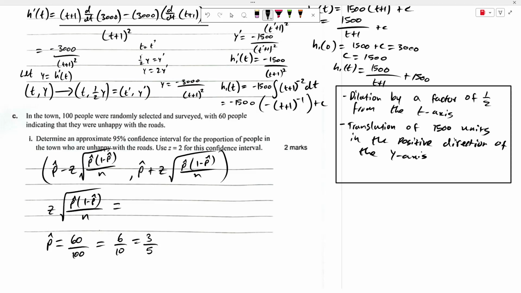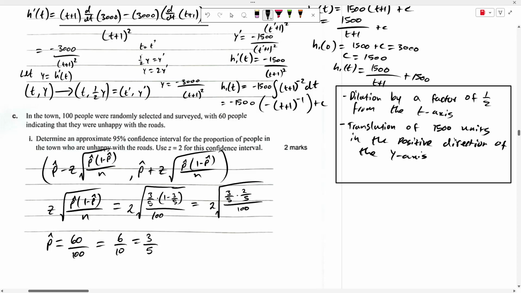Remember they said use z equals 2. So we get 2 times the square root of 3 over 5 times (1 minus 3 over 5) over n. And in this case, n is the number of people sampled, so that's going to be 100.